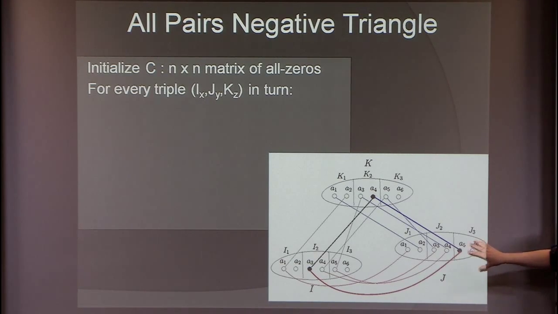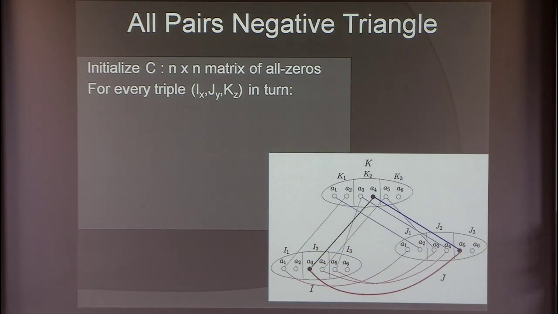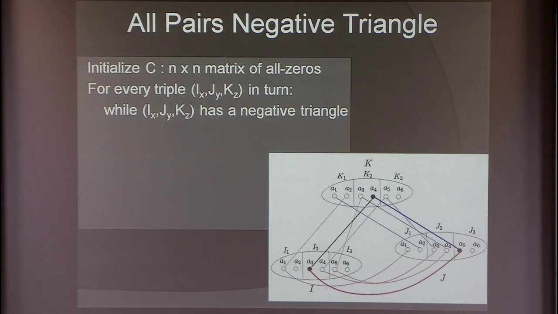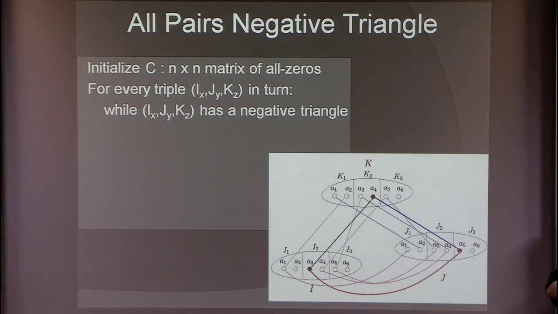We take every triple of pieces in turn, and we look in the induced subgraph. Let's say first we take I1, J1, and K1, take the union of these nodes, look at this induced subgraph, and then we check whether this subgraph contains a negative triangle. And while it still has one, we actually find it.